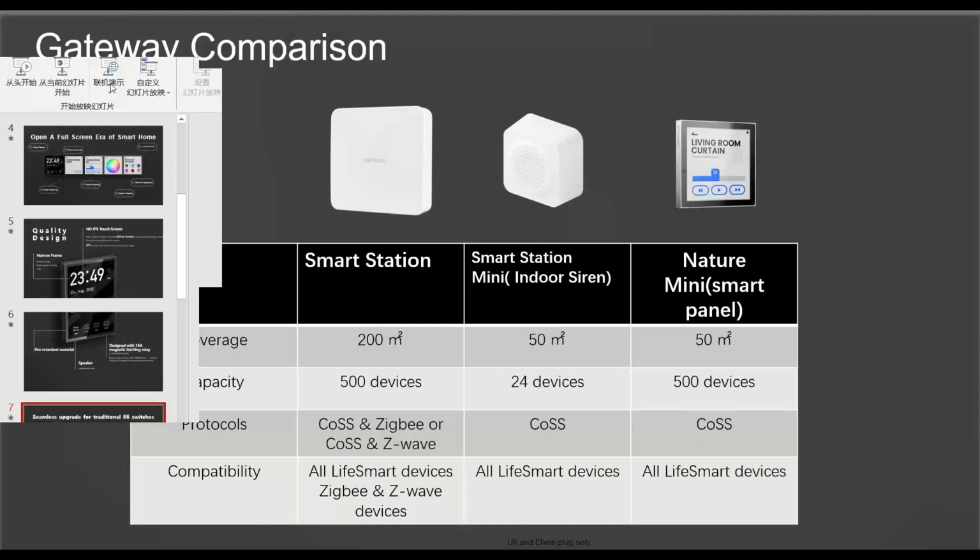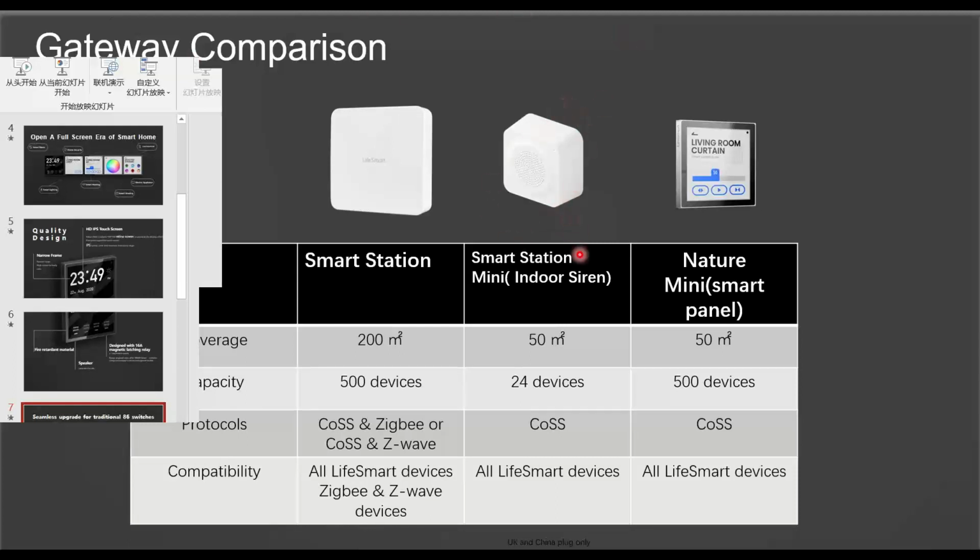The first key difference is the wireless coverage. Because of its size and the size of the antenna built inside the Nature Mini, the wireless coverage for Nature Mini is around 50 square meters, which is a similar range to Smart Station Mini, the one we released years ago.